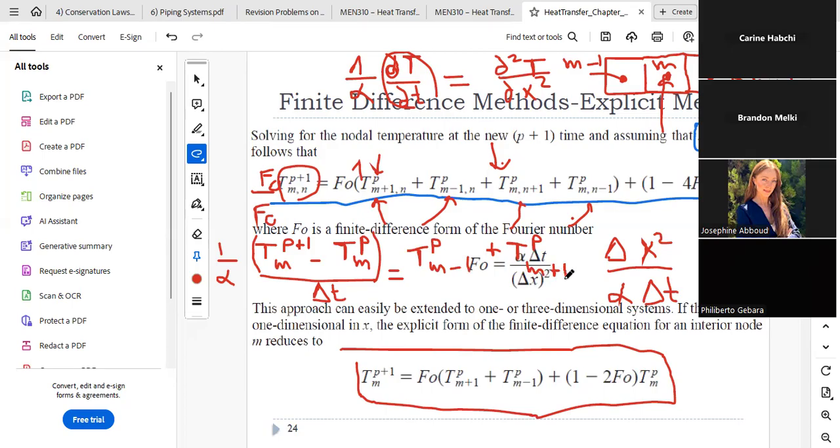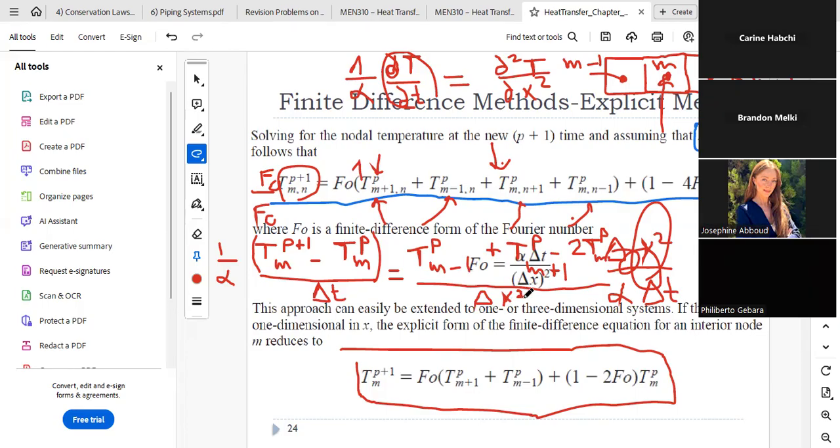And we said we do minus 2 Tp at cell m, over delta x square. Okay.